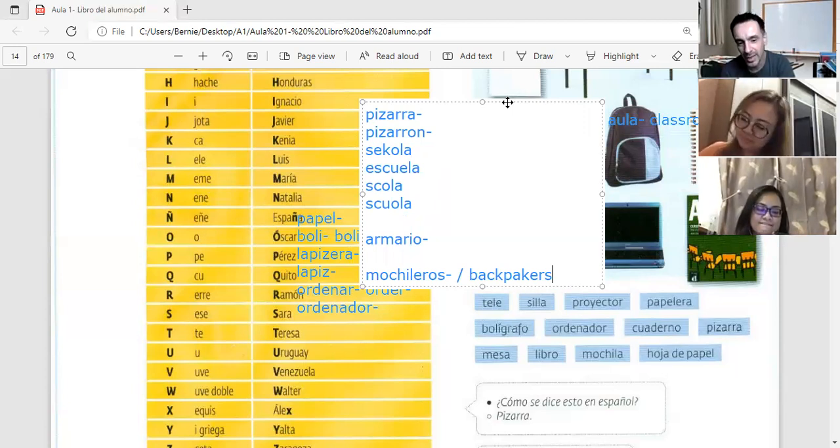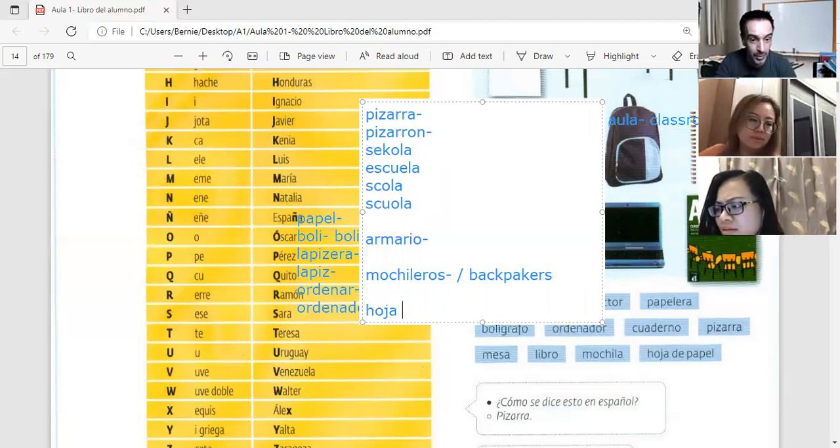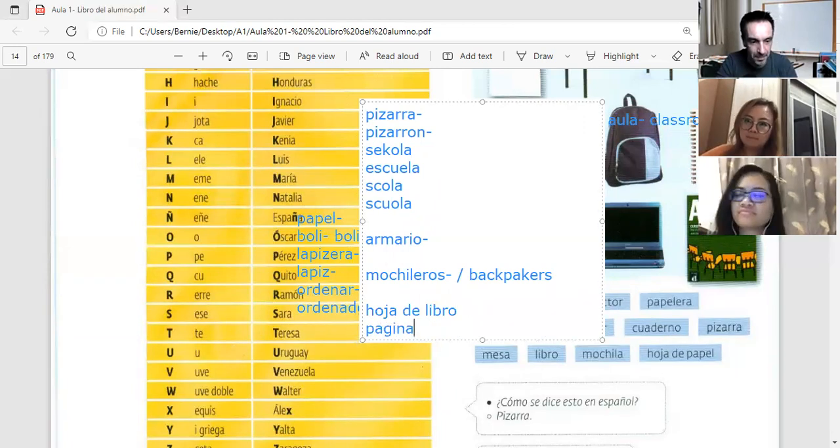Y hoja de papel, the paper. Yes, muy bien. But hoja in this sense is a piece of paper. A piece of paper from a book, hoja de libro, right? There's another way we call it, página, page. So it's like a piece of paper. Correcto.